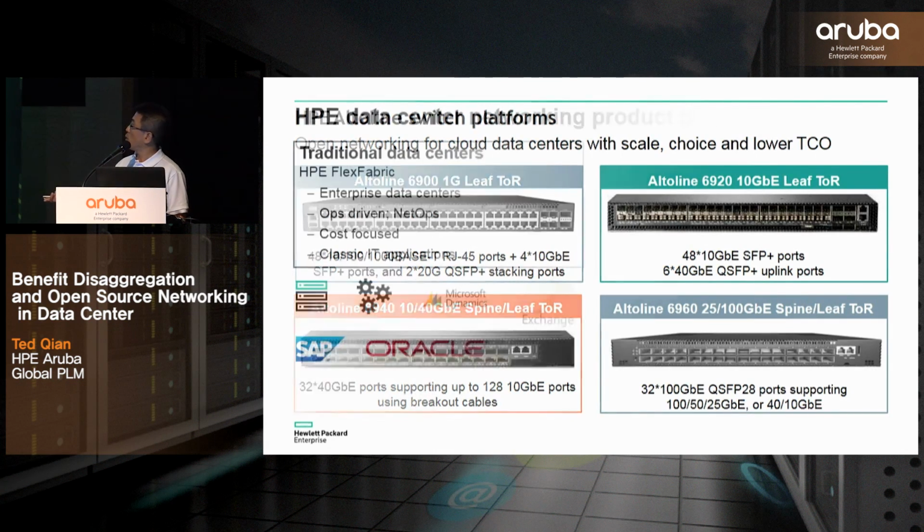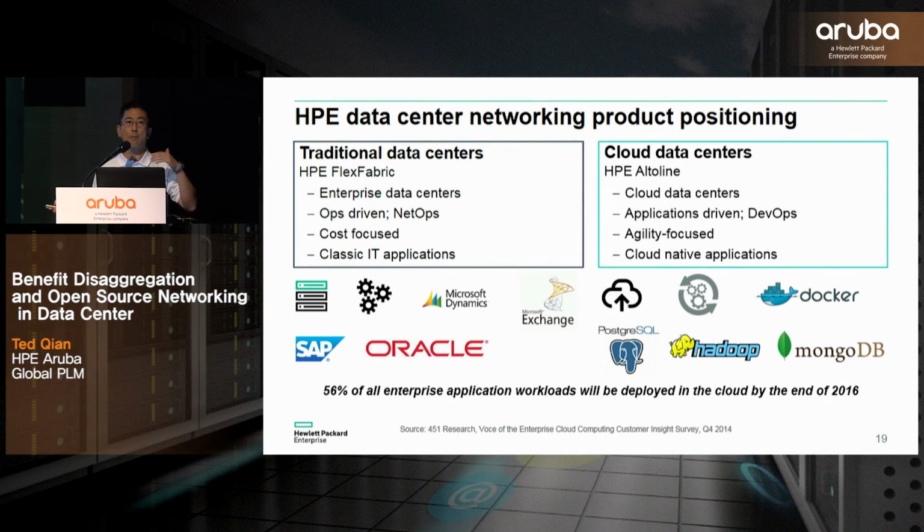So when the customer says, I want to migrate from the traditional data center to the cloud-based data center by using open standard or OCP standard software and hardware, we can also support you by using the Autoline switch and the open switch, and also certified open networking operating systems like Cumulus and PicOS. Why do those customers want to move to the cloud-based data center?